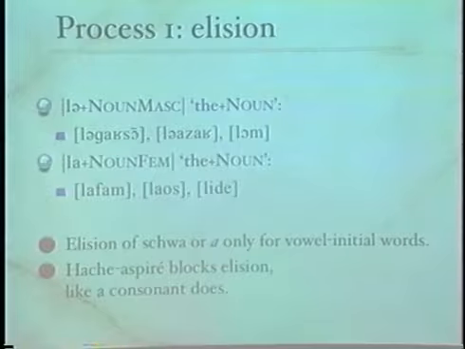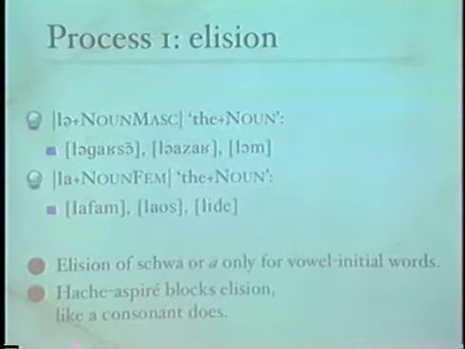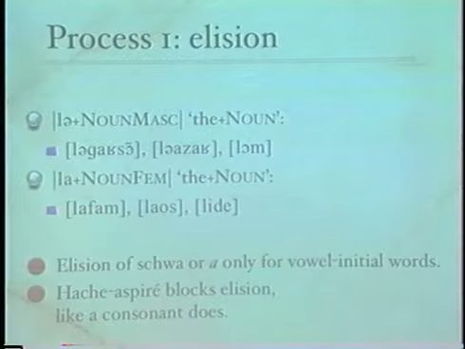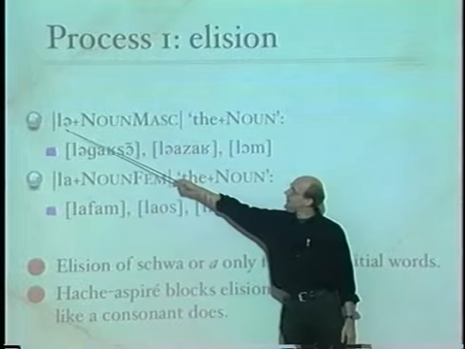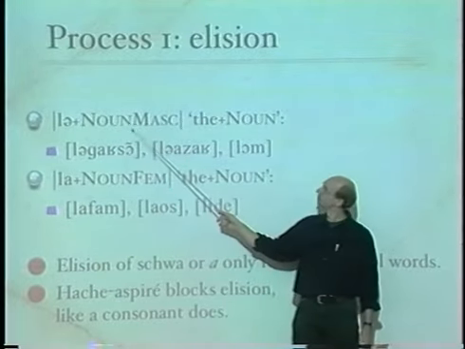But there are 4 processes in French where H aspiré acts differently from a vowel, and I'll present all of those 4 processes to you now. The first process is elision. Say your underlying form has the definite article le, followed by a masculine noun.